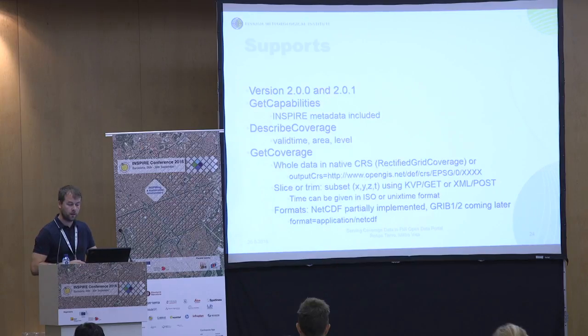You can slice or trim with the X, Y, Z, and time dimensions with key value pair or XML POST. The time can be given in a more user-friendly ISO format, or you can use Unix time. Format NetCDF is partially implemented currently, and GRIB 1 or 2 is coming later.